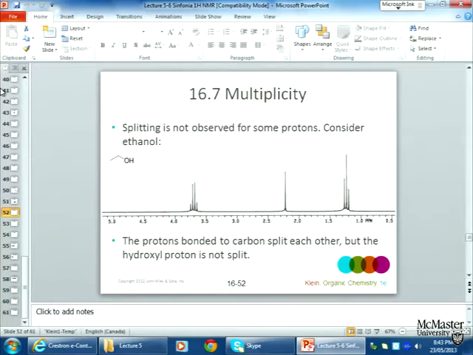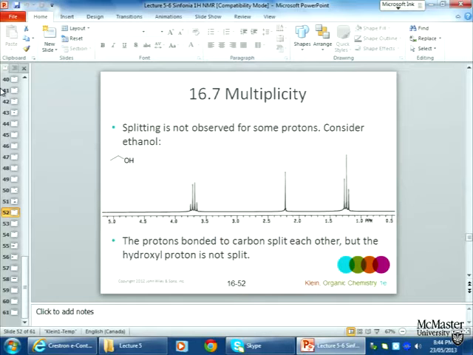I might start with an ethanol molecule with the OH proton spin up, but a fraction of a second later, I've changed that to a different proton that's now spin down. So the OH proton is migrating from molecule to molecule.